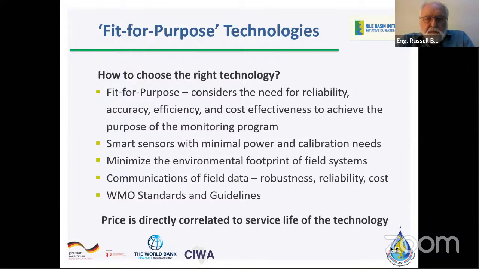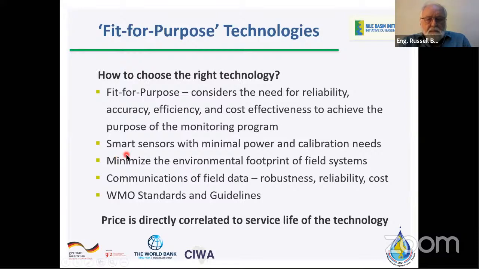So what does this mean when you're thinking of these technologies? The technologies that are available to us today to meet those purposes of our regional monitoring program are smart sensors. And these smart sensors are available in a number of configurations.